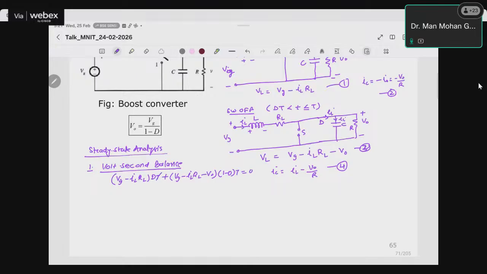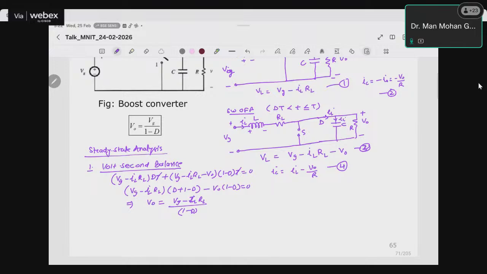So this T will cancel out. Vg minus IL RL is common to both. So this will be Vg minus IL RL into d plus (1 minus d), and another term will be minus V node (1 minus d) equal to 0. So this is 1. It means V node is equal to Vg minus IL RL upon 1 minus d. So this is output voltage.